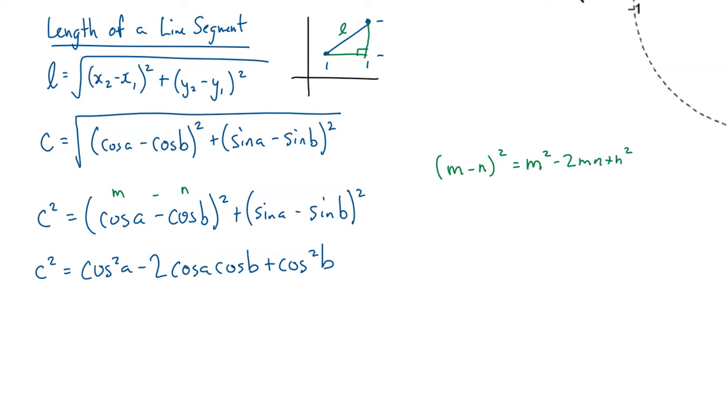So I expanded it all in one shot. If you're not quite following that, this is the same thing as that. And we can go into it in more detail later if you want to ask me about it. Okay, and the second one is sine squared a minus 2 sine a sine b plus sine squared b.